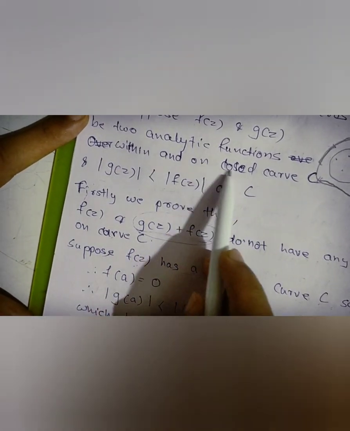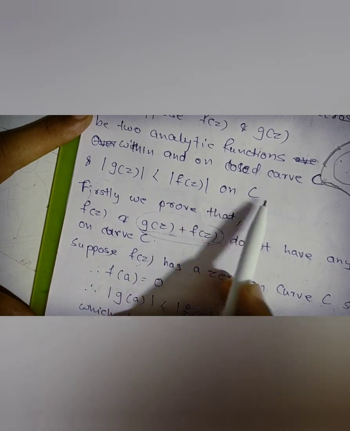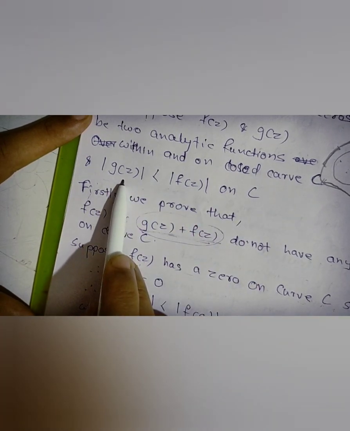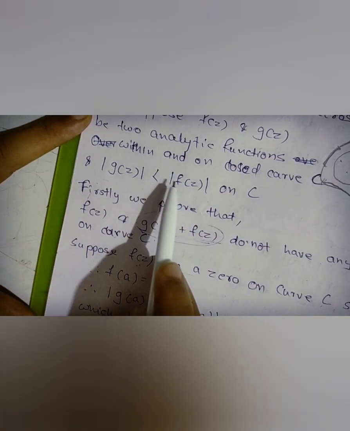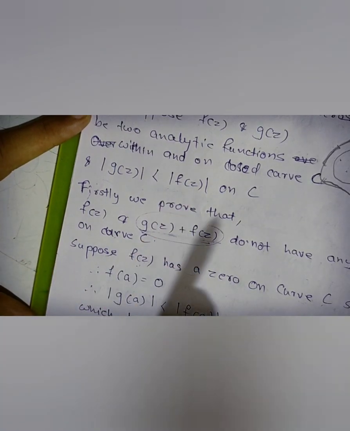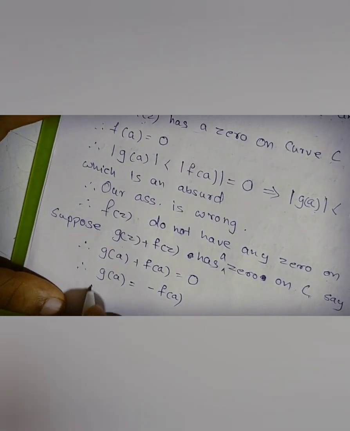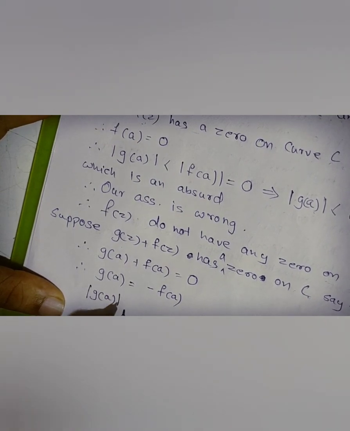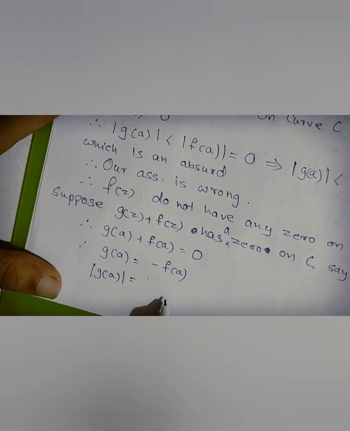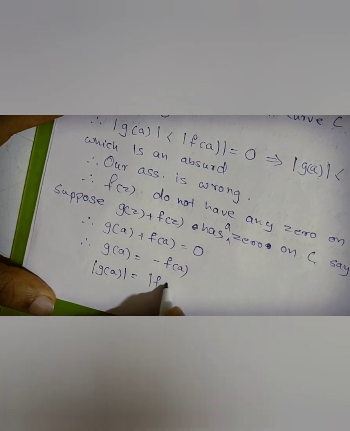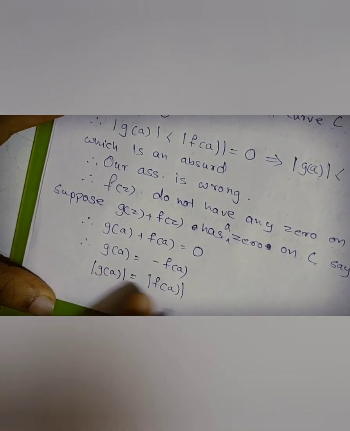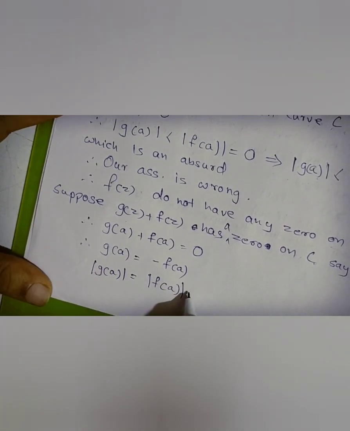On this closed curve C, mod of g of z is always less than mod of f of z. So taking that into consideration, if I take mod on both sides, the negative will be removed and we will have just these two values equal.